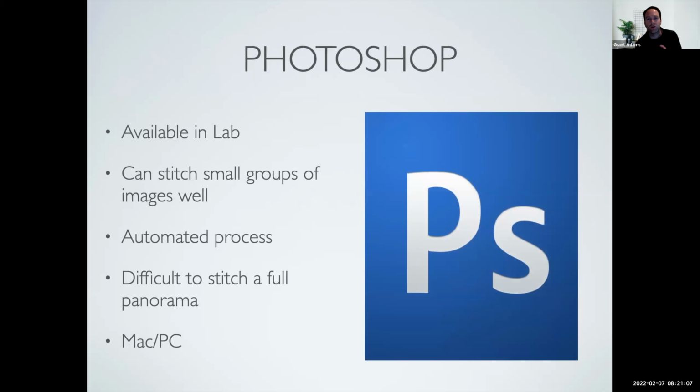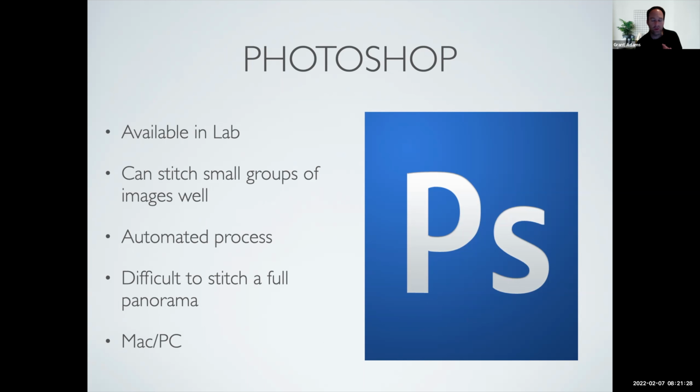So software: how do we process these images? Well, guess what? The first one is Photoshop, no surprise. That's what we're going to be doing in this class. It's available on the lab computers, which is great, and hopefully on your home computers by now. It's really good at stitching small groups of images together. If you pick 9 or 10 images, it should be able to stitch those together really well.